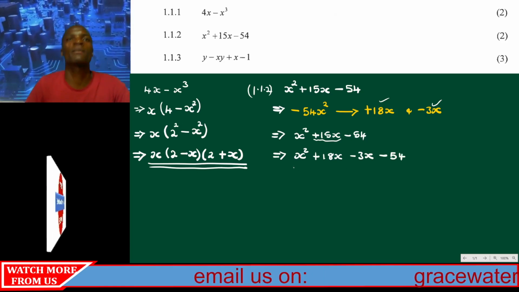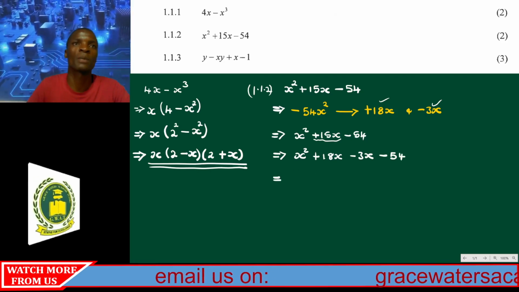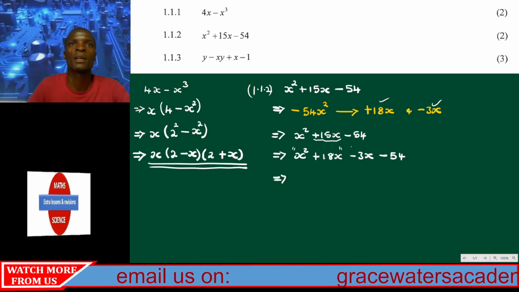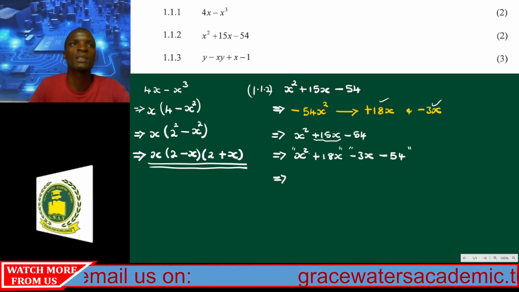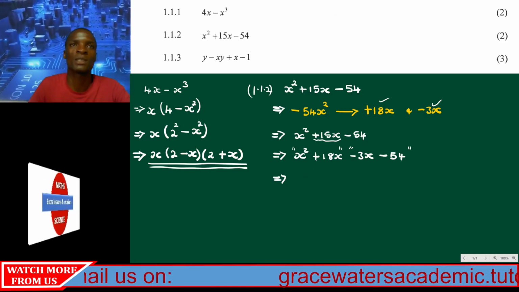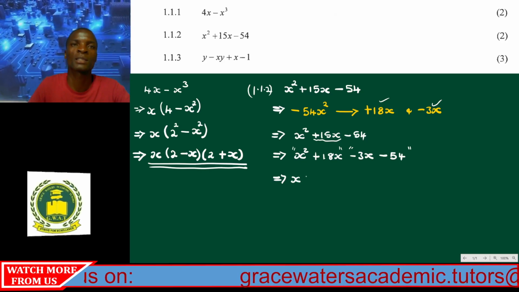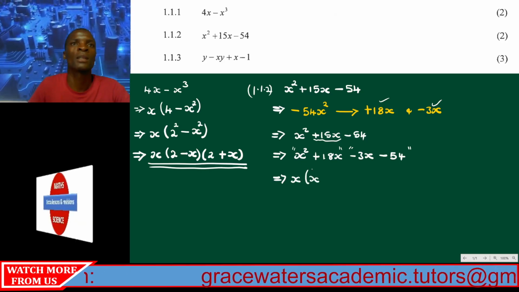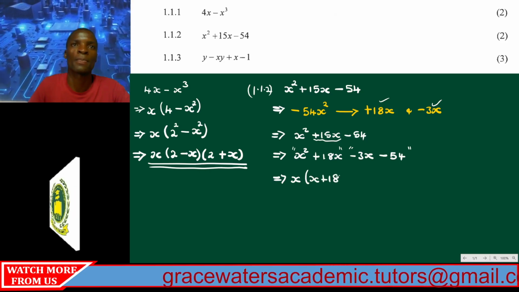Okay, now we're having this now. We can simply do factorization by grouping, whereby the first two are a group on their own and the last two are a group on their own. So how do we factorize this? We use factorization by HCF, whereby the highest common factor is x, and then x into x squared is x, and then x into 18x is plus 18.